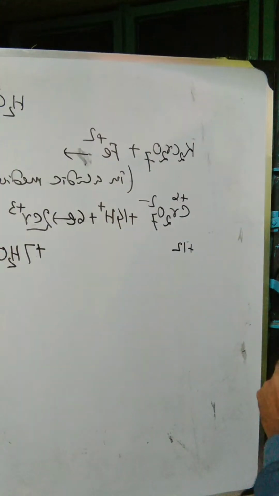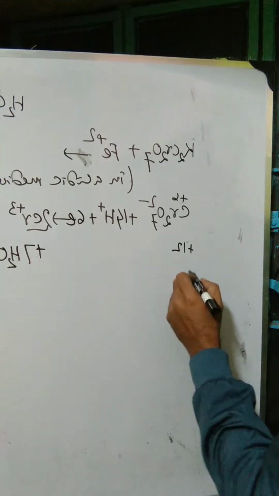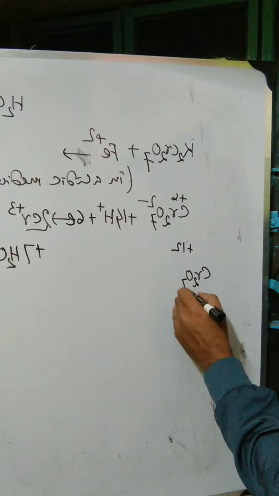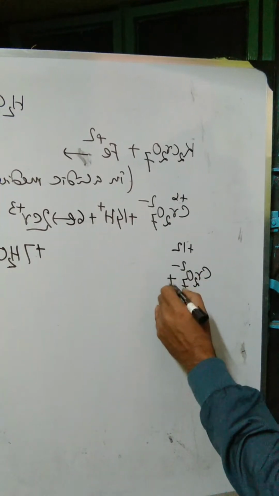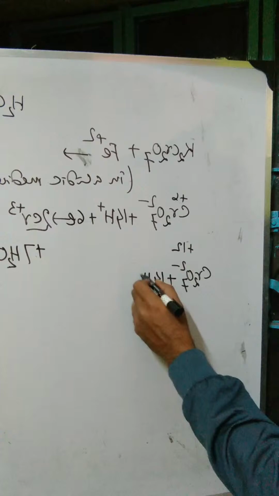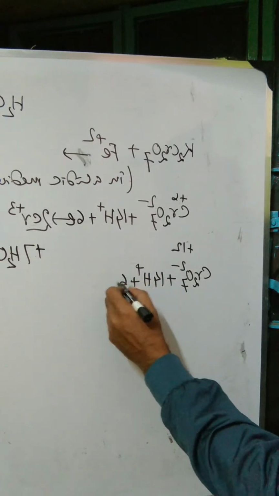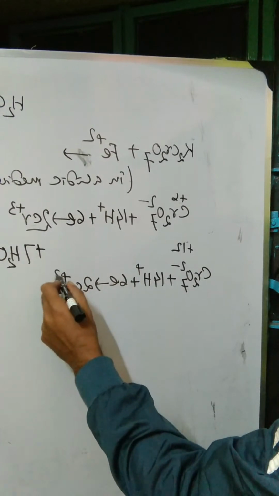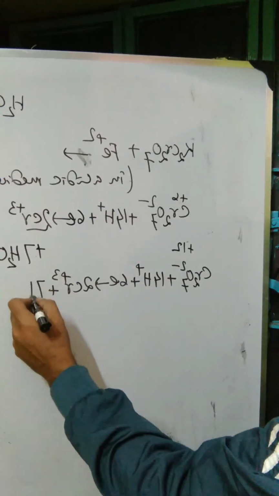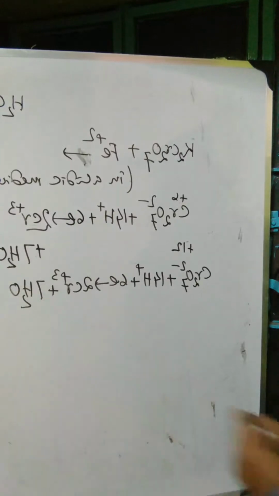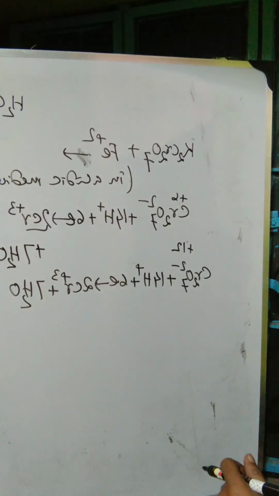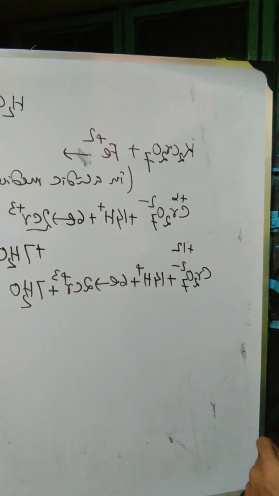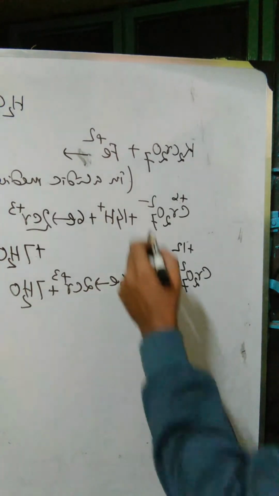So the overall reaction, I am writing again: Cr2O7 2- plus 14H+ plus 6 electrons forms 2 Cr+3 plus 7H2O. This is the overall change, the reduction of dichromate into chromium +3 ion.